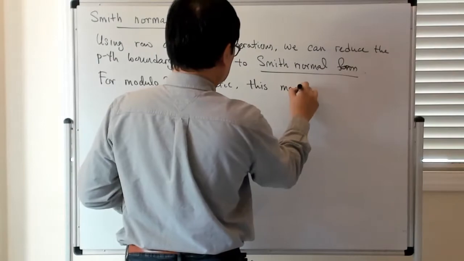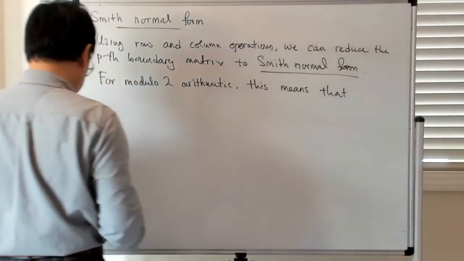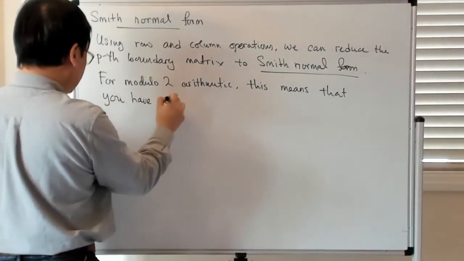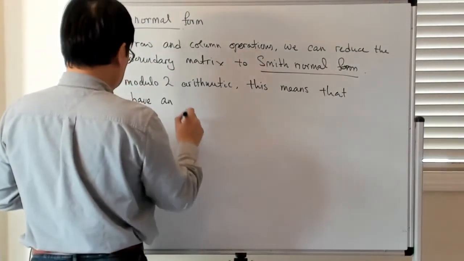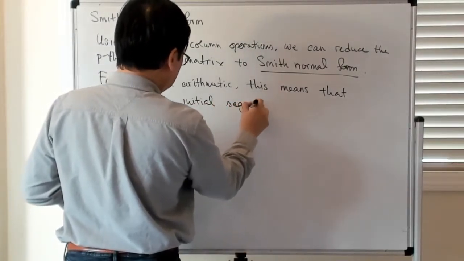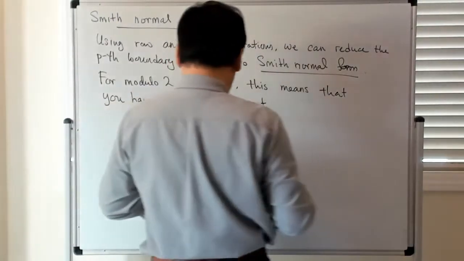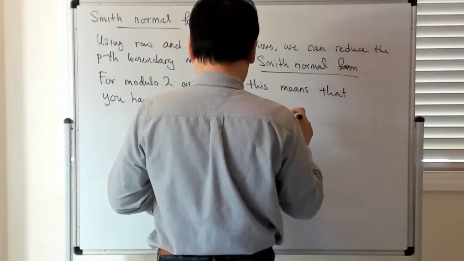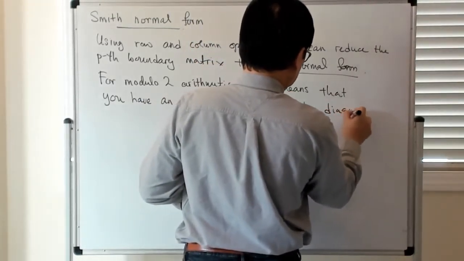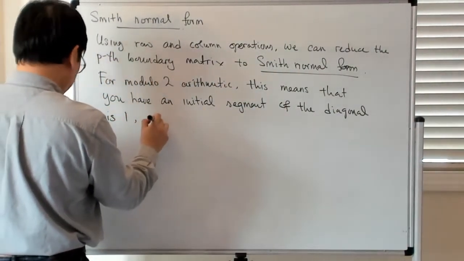This means that you have an initial segment of the matrix where you have a diagonal component, which is 1, and everything else is 0.